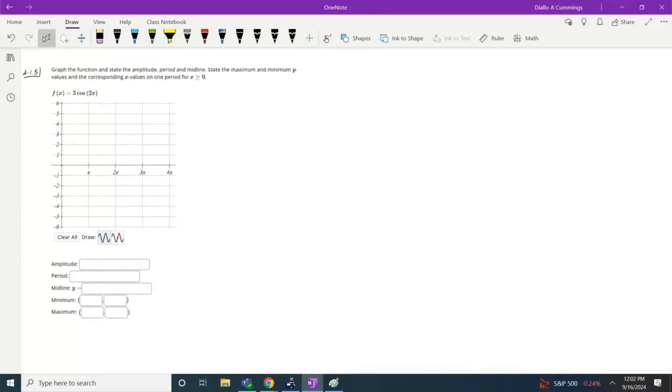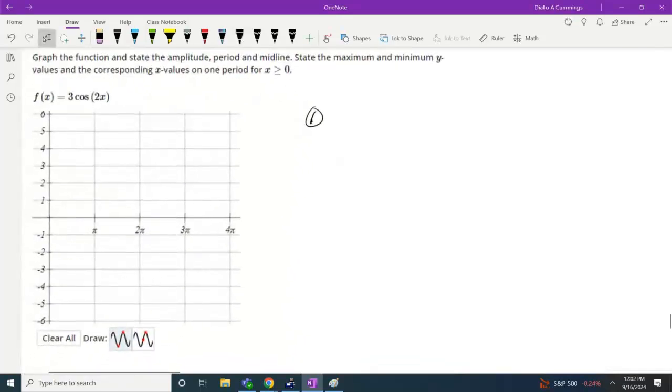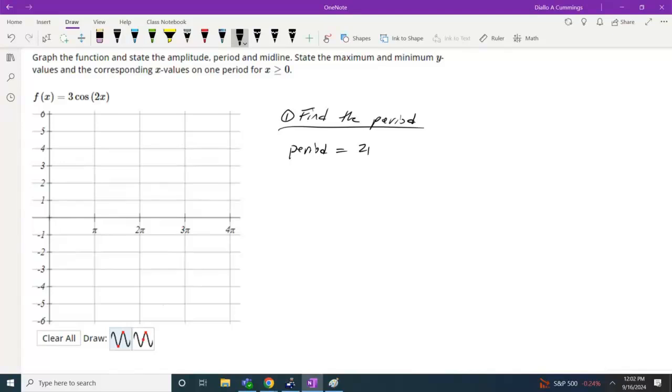All right, so we're going to follow those same steps. The first thing we're going to do is find the period. So the period is equal to 2 pi divided by b.